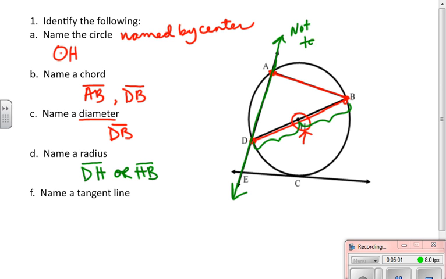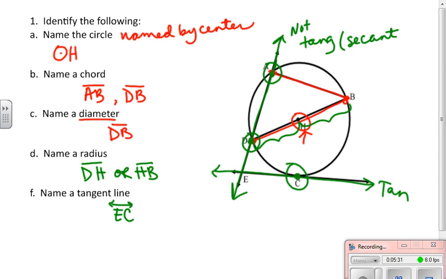This is not tangent, because it's going to intersect in two places, but this line here is your tangent line because it intersects nicely at point C. Remember, we name a line with 2 points, so that is line EC. So be sure that you're careful with how many times a line intersects. This line, just for curiosity, is called a secant line, and you may encounter that in some later mathematics.